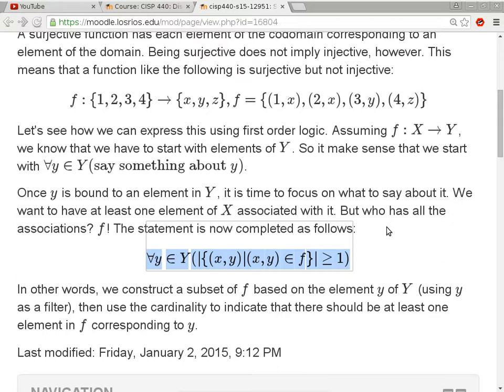So let's take a look at sine, sine of theta as a function. If you look at sine as a function, what does it map from, and what does it map to? What is the domain of sine? All real numbers, right?